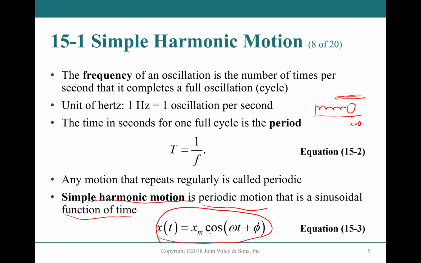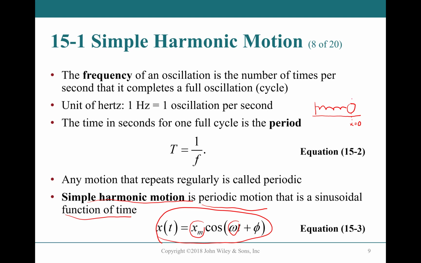And in a simple harmonic motion, we are going to have a constant angular frequency. So how to find this omega? First, we need to understand what is frequency and what is period. So this object is going back and forth.